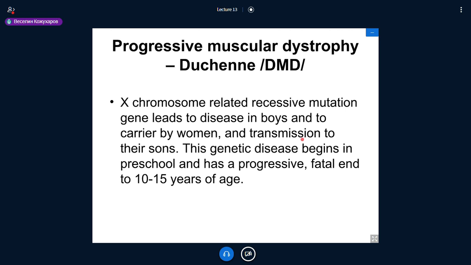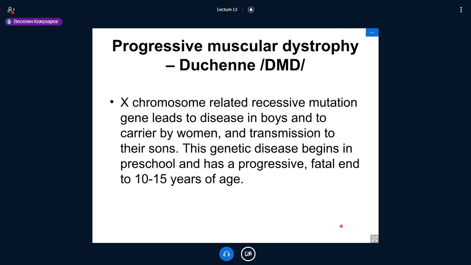The transmission is from mother to son. Sons are always affected by progressive muscular dystrophy, but mothers are only transmitters. Girls in the same family are not suffering from this disease, but they are transmitters.